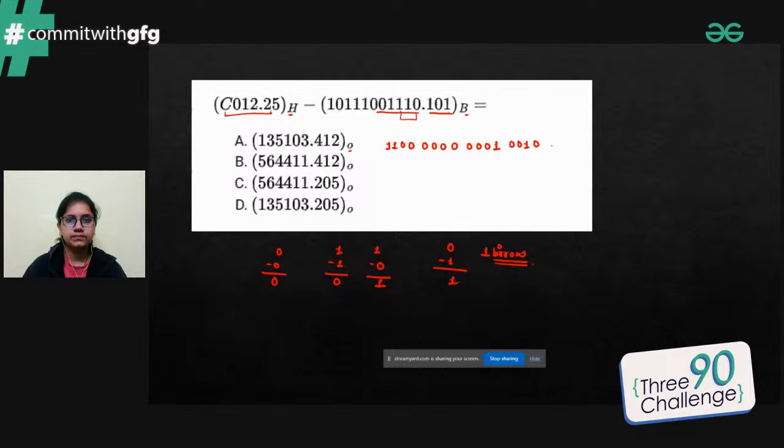Dot. Again, this 2 is represented as 0 0 1 0, and this 5 will be represented as 0 1 0 1.